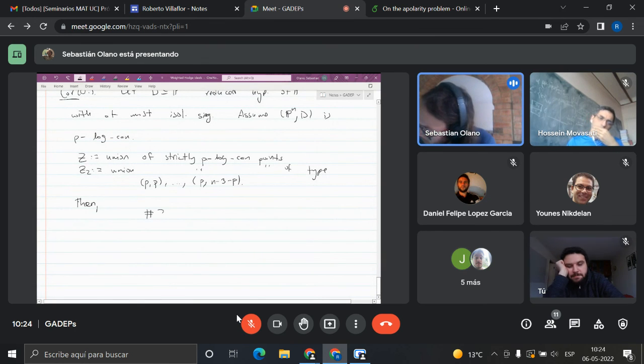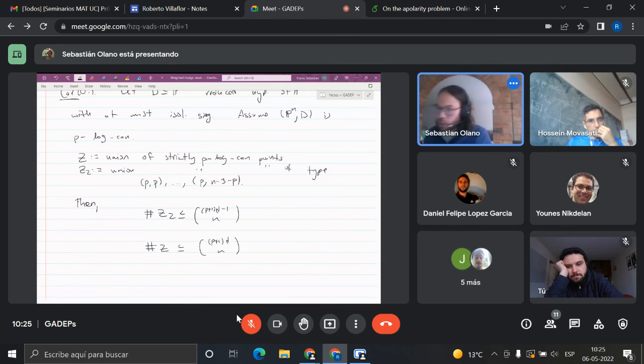So the cardinality of Z2 is smaller or equal than this number, (p plus 1)(d minus 1)^n, and here you have that this is (p plus 1)d^n. So in the case of I_0, Z2 will be counting the number of cusps that a reduced surface of degree d in P^3 can have, right?